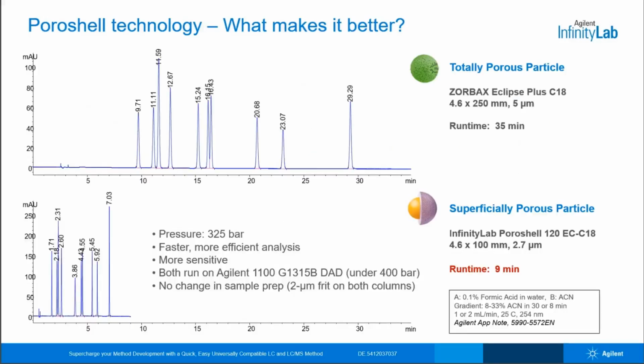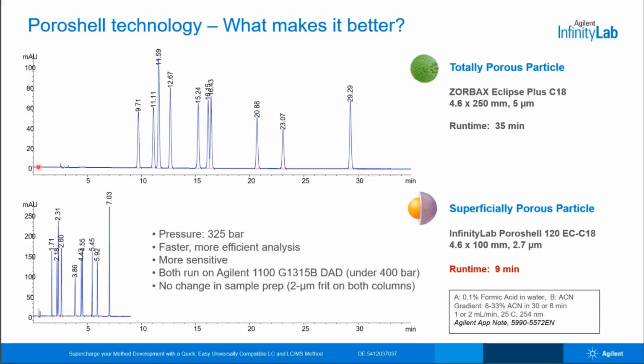Here is an example of how high efficiency columns like Poroshell 120 can speed up your method development. On top is a method on a traditional totally porous 5 micron particle Zorbax column. It's a 35-minute method, so quite a few hours would be spent screening multiple columns of this dimension.